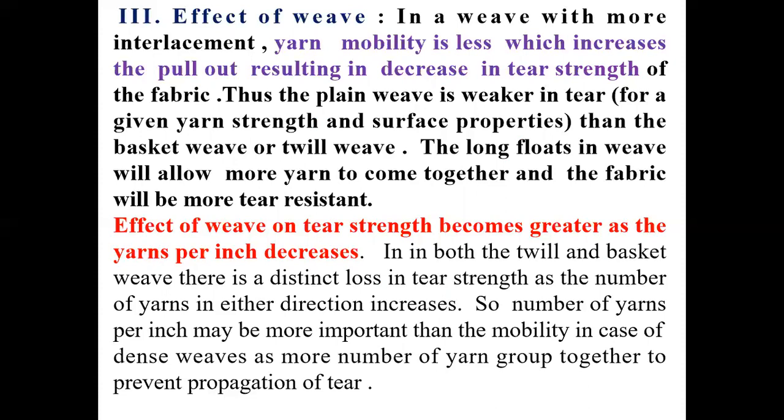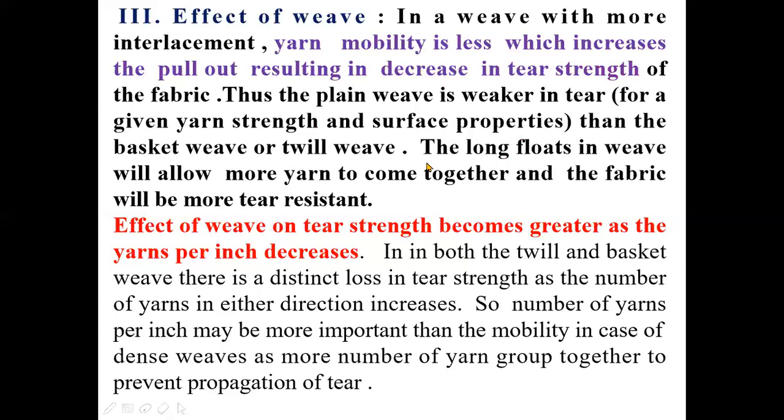Now, because of more and more interlacement, what will happen? The movement of the yarn will be less. The yarn will be less free to move and accumulate at the tearing triangle. And since less number of yarns are there, the tearing strength will be less.